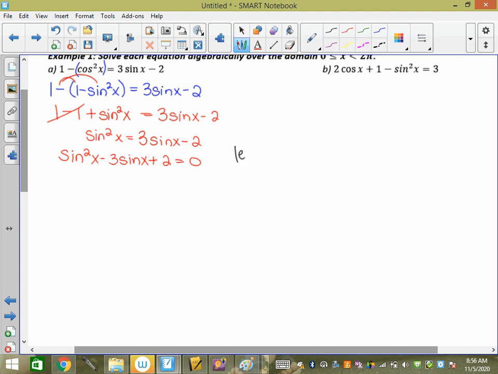And then I say, what times what? Or I can actually, sorry, I go let m equal sine x, because you guys usually like that. So m squared minus 3m plus 2 equals 0. And then I say what times what equals 2, what plus what equals negative 3. What's it going to be?